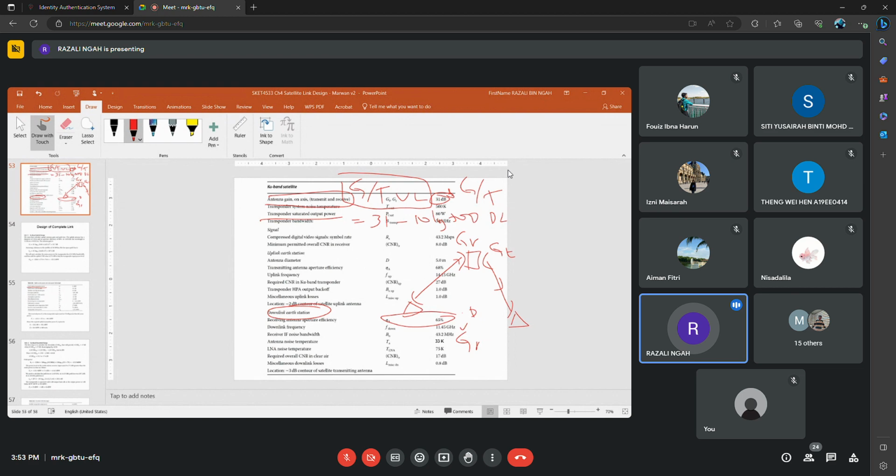GR is equal to 10 log efficiency times pi D over lambda, squared. So 10 log 0.65 times pi D, where the diameter should be given.